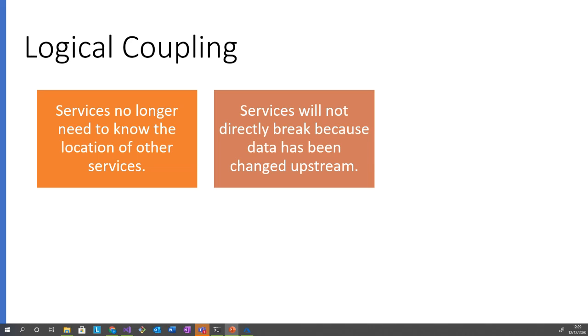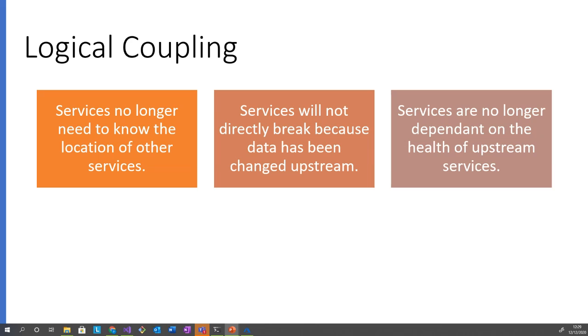I'm coming to the caveats in a minute. Services aren't dependent on the health of upstream services, which is a similar sort of thing. So if you've got service 1 that's calling service 2 that's calling service 3 in a direct call situation, if service 3 broke, all of those would essentially go down, but that isn't the case now.